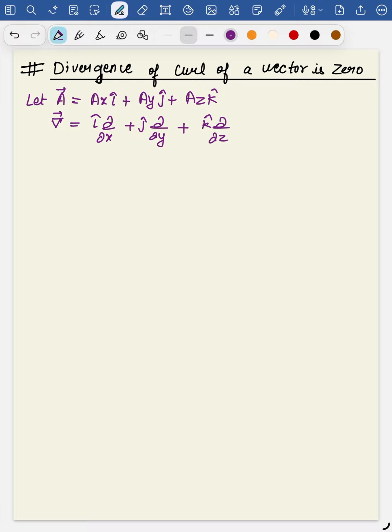So first, curl of a vector means we have to operate the del operator on the vector function via cross product, and divergence means we have to operate the del operator on a vector function via dot product. So we have to prove that the value of this is 0.